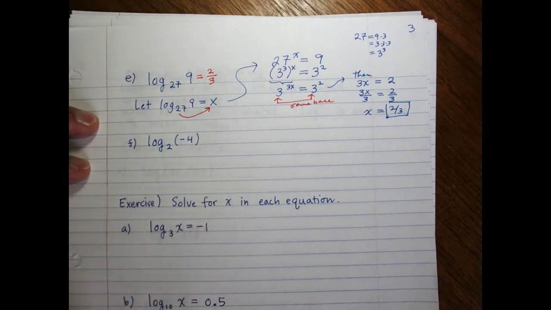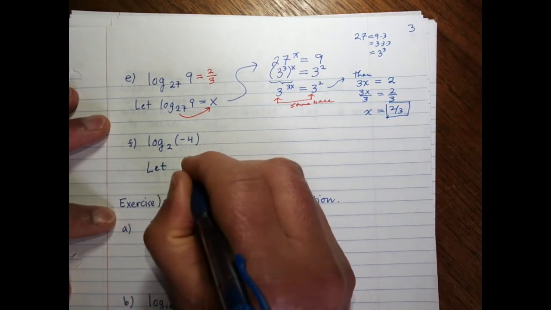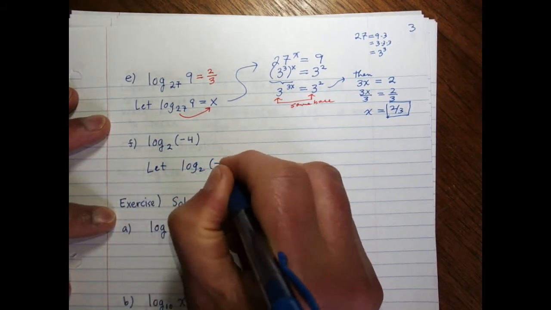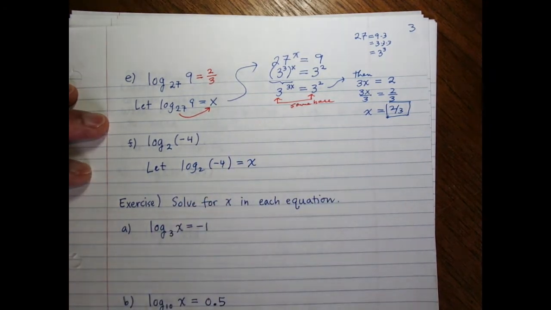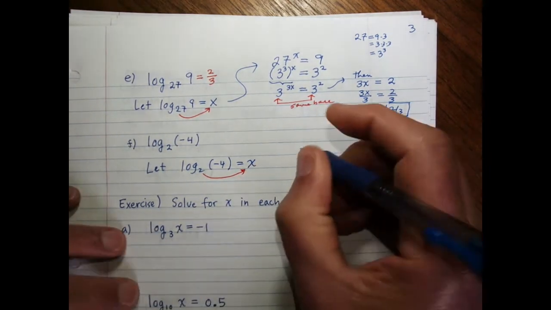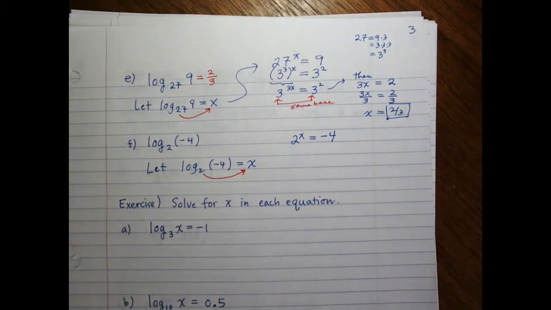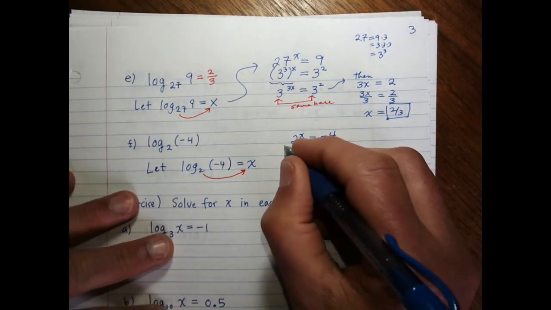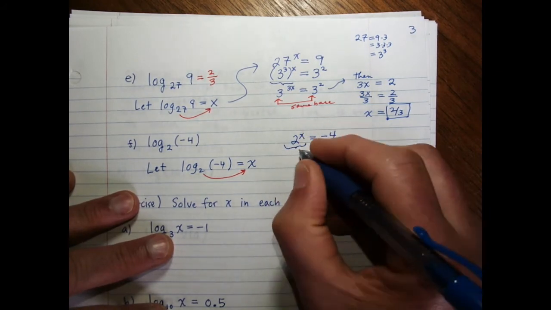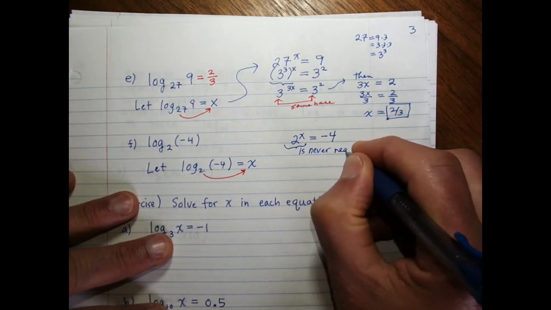Okay, now we've got log base 2 of -4, so we want to let log base 2 of negative 4 equal x. So I have 2 to the x equals negative 4. But now, maybe this is my version of a trick problem here. The thing you've got to observe is that 2 to the x is never negative.